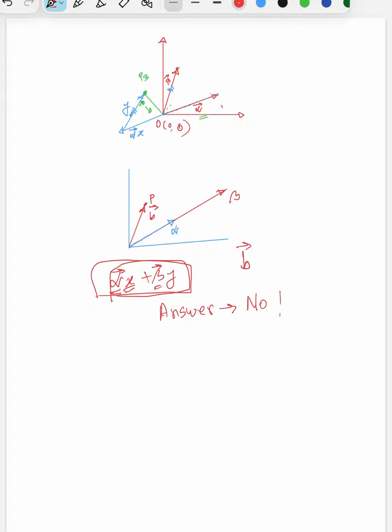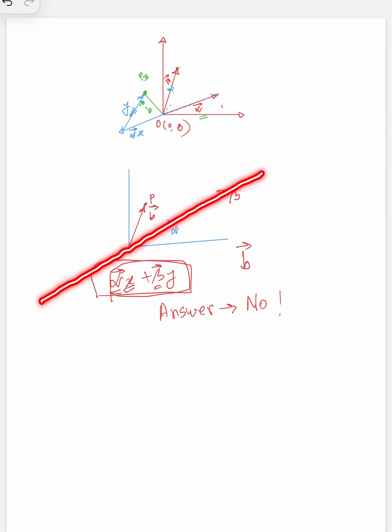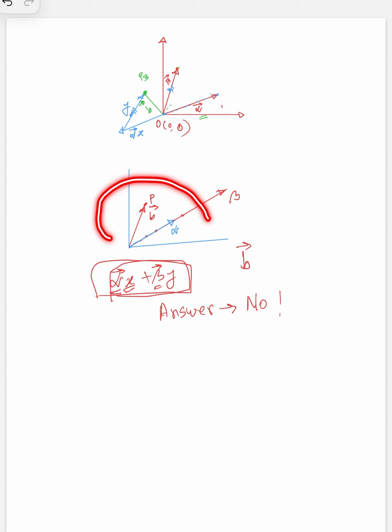But if p were only on this straight line, then we could achieve that, but right now we cannot. So when alpha and beta are along the same line, we cannot achieve a vector that is a two-dimensional location and not on the same line.